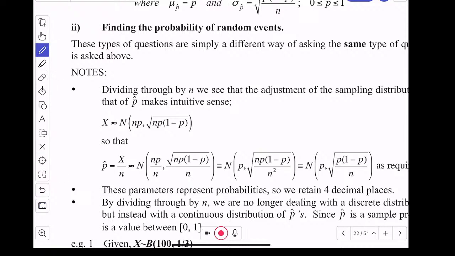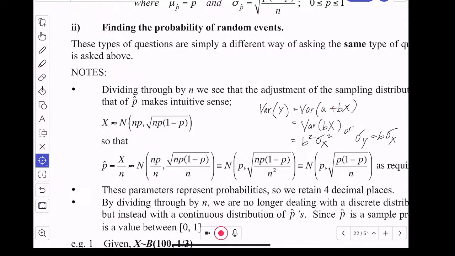So remember that rule we had: whatever I do to x, I also do to the standard deviation.